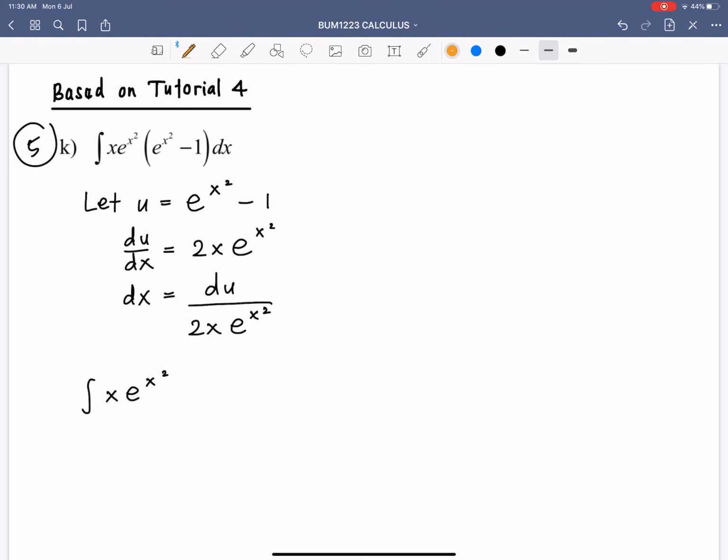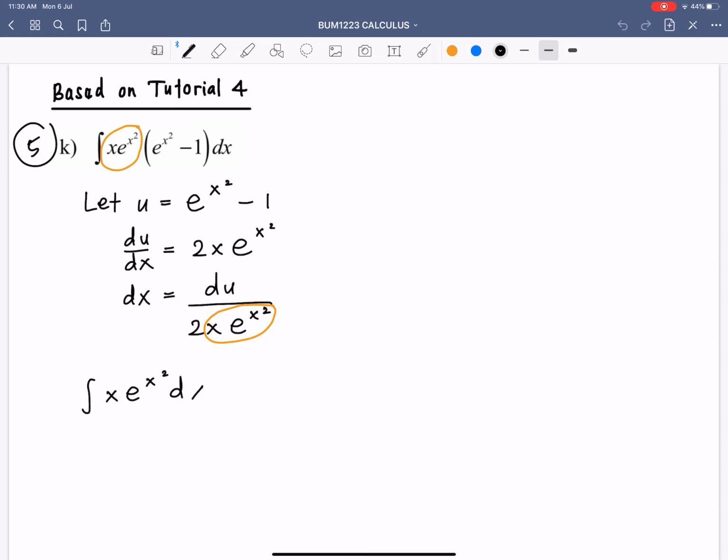I forgot to mention just now, if you see here, a part of this is here. This part is here. So it gives you a clue that your choice of u is correct. But still we have to look at it later, because sometimes you may see that it is correct, but it is not. So you have to check first.